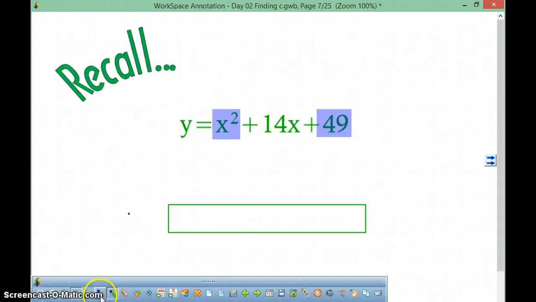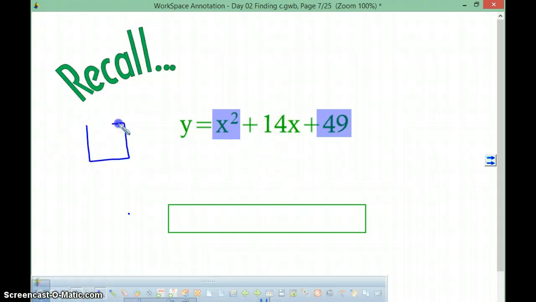Let me show you something else. This part in the middle, think of it this way. If we split that part right in half, think of our area model we talked about earlier this year. If you put x squared here, split that 14 into 7x each, and 49, can you factor that?